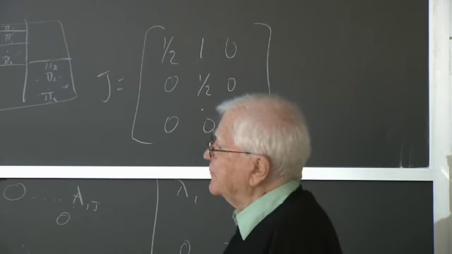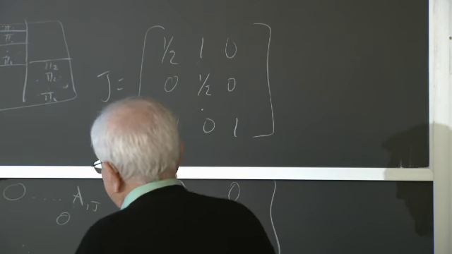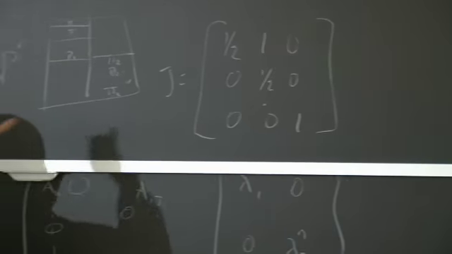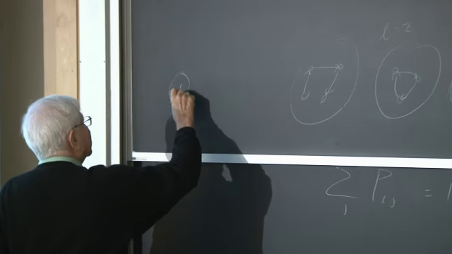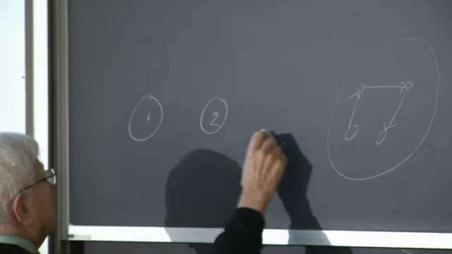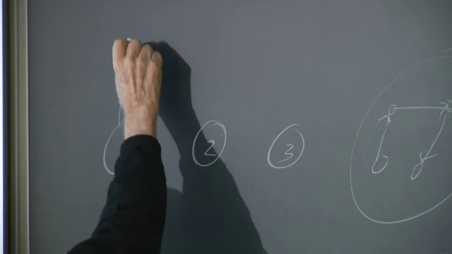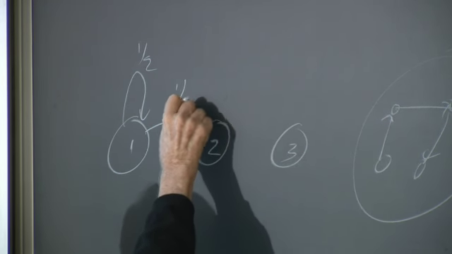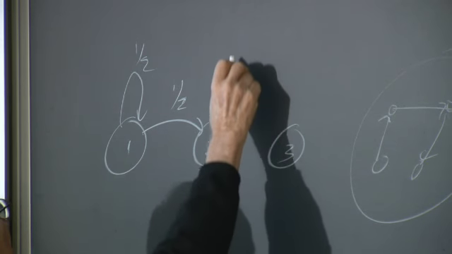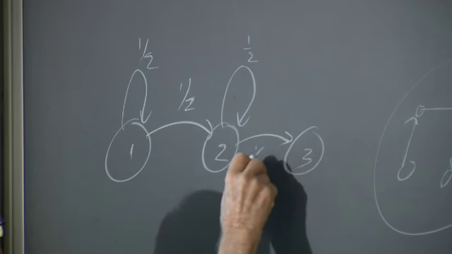You can see what's going on here more easily if you draw the Markov chain for it. Have state 1, state 2, and state 3. State 1, there's a transition 1/2 and a transition 1/2. State 2, there's a transition 1/2 and a transition 1/2.